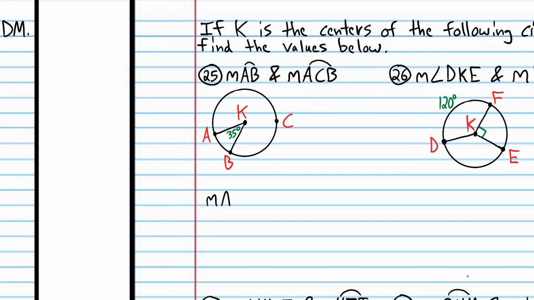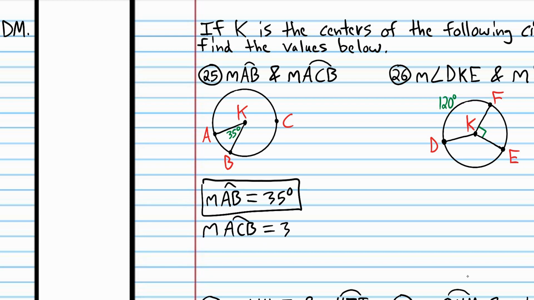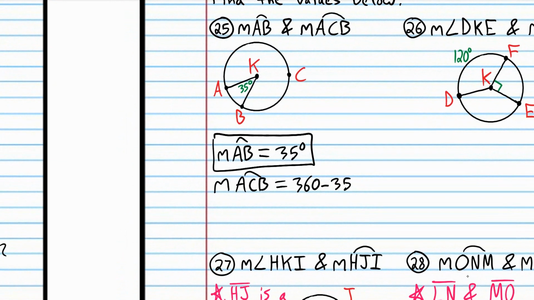So the measure of arc AB is going to be equal to 35 degrees, no big deal. Now they want us to find the measure of arc ACB. That's just going to be 360 minus 35, because the arc of the entire circle is 360 degrees. So the measure of arc ACB is equal to 325 degrees.